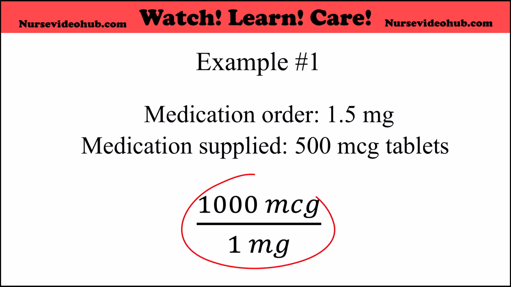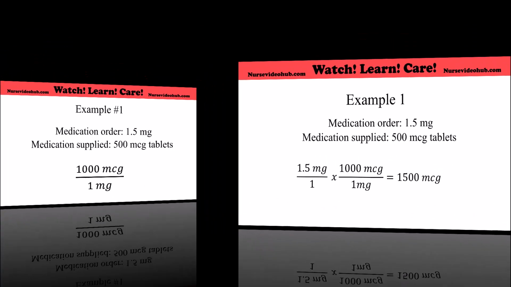In this example, 1,000 micrograms equals 1 milligram. This conversion factor equals 1. So you place the conversion factor into a fraction. You put the unit you started with on the bottom and the unit you're converting to on top. This ensures that the given unit cancels out.